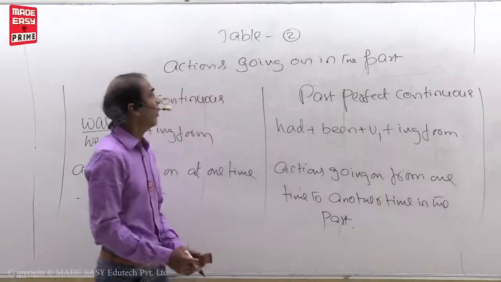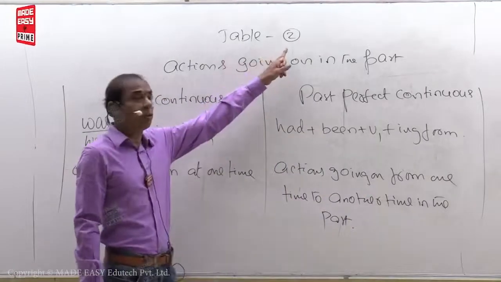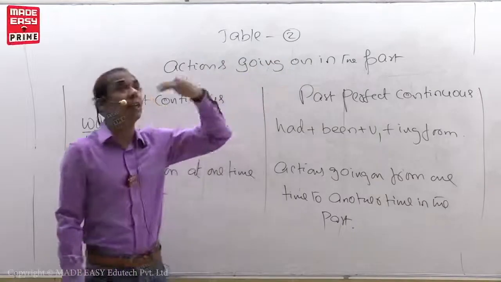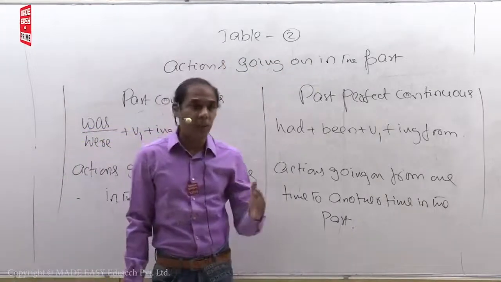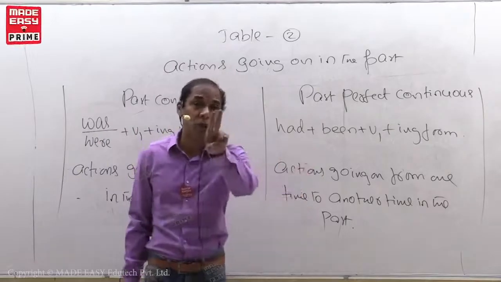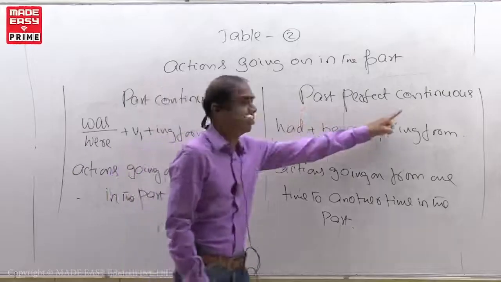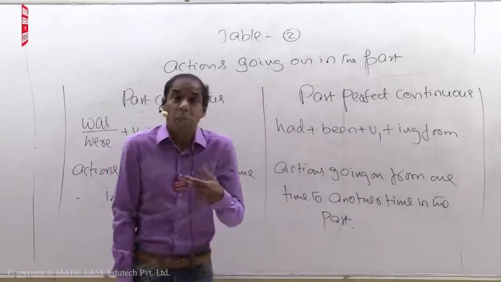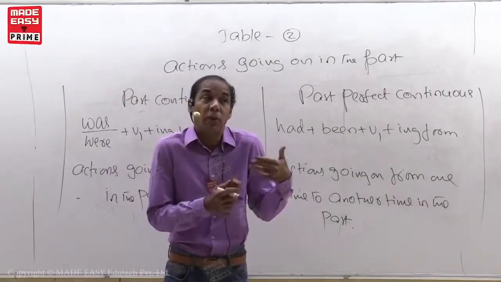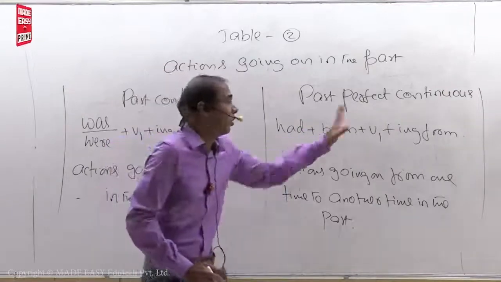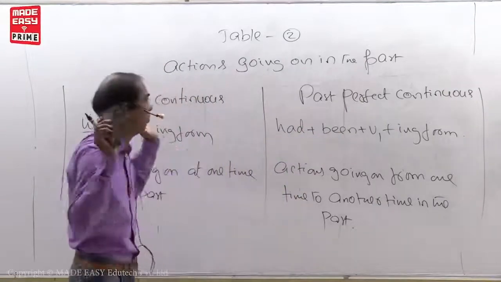Very easy. See, what is table 2? Actions going on in the past. To express actions going on in the past, two formulae we can use. One, past continuous. Two, past perfect continuous tense. When can we use past continuous, and when can we use past perfect continuous? I'll clearly explain now. Observe.